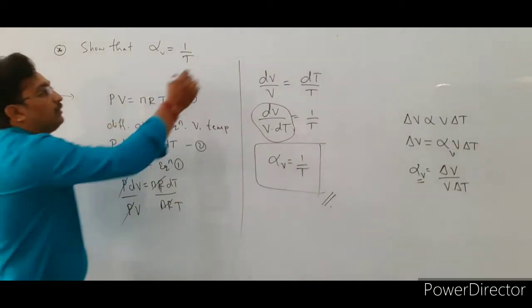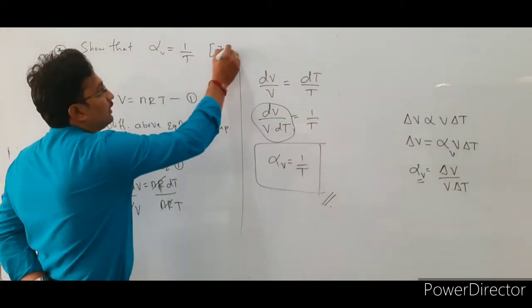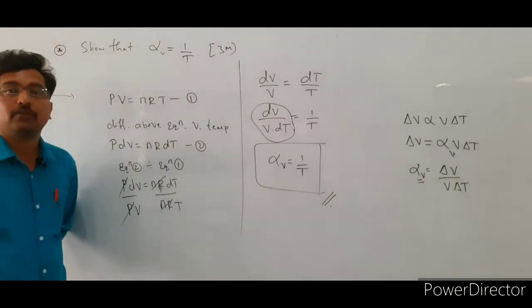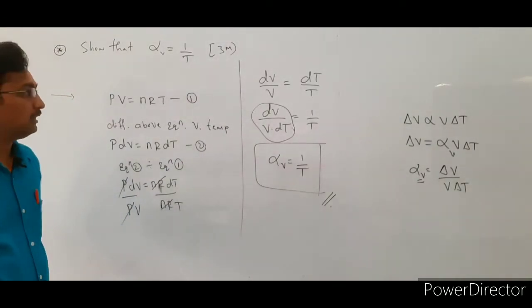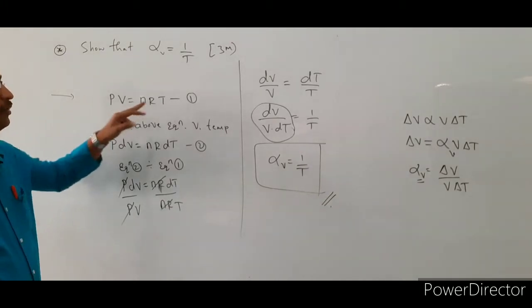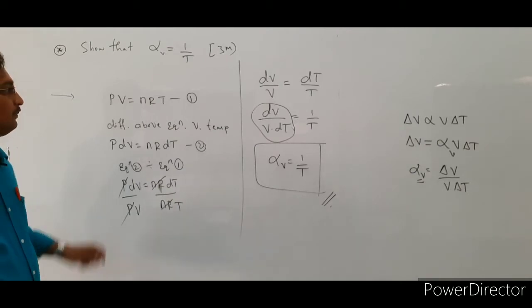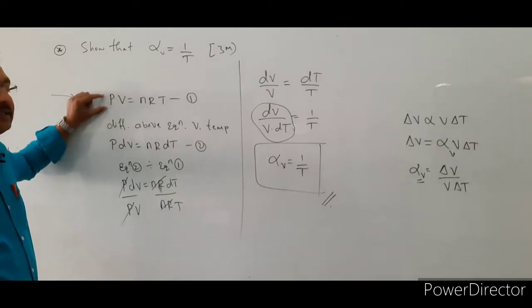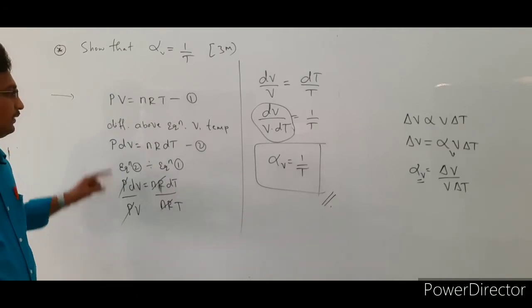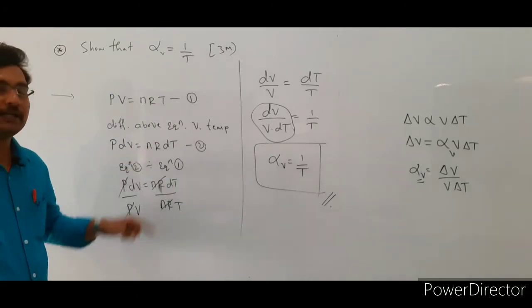So it is very important for 3 marks. In the last exam, they asked, show that alpha suffix V is equal to 1 by T for 3 marks. What is the first step here? From the ideal gas equation, PV is equal to nRT for n mole of a gas. Next, we differentiate this equation with respect to volume and temperature. Then the equation becomes P dV is equal to nR dT.